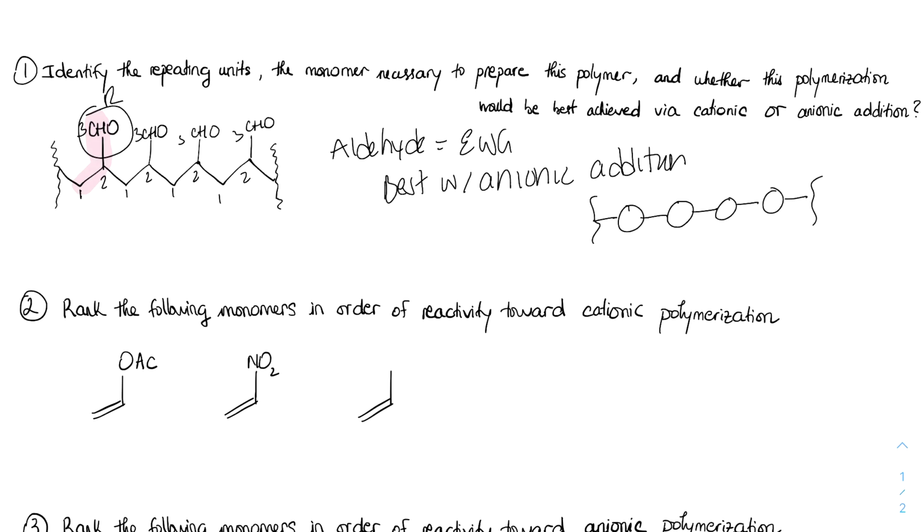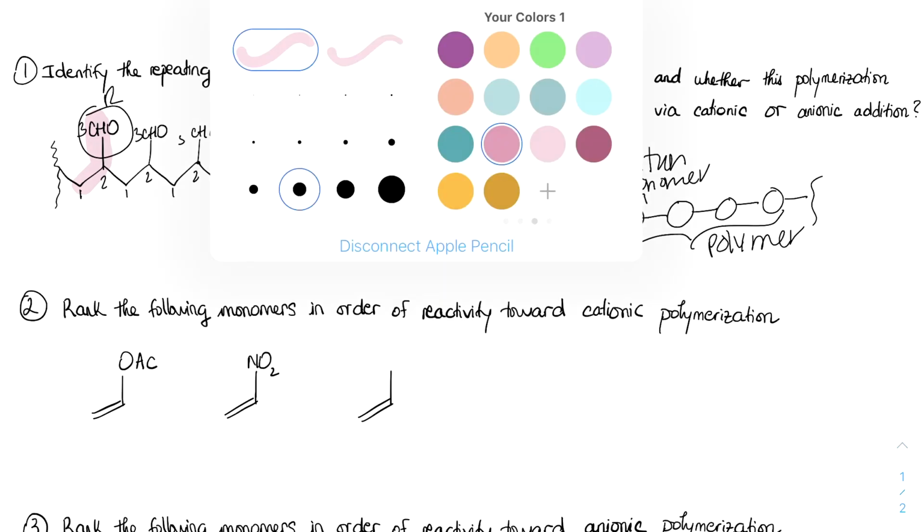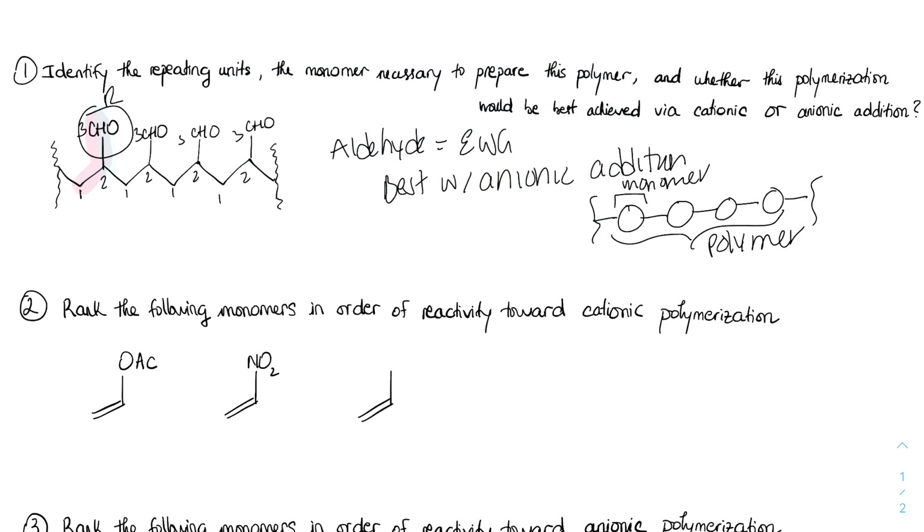So this entire thing is a polymer. And the single units are monomers. So when we look at question number 1, the chain that we identified here is the monomer, whereas the entire chain, the repeating subunits of monomers, make up a polymer.